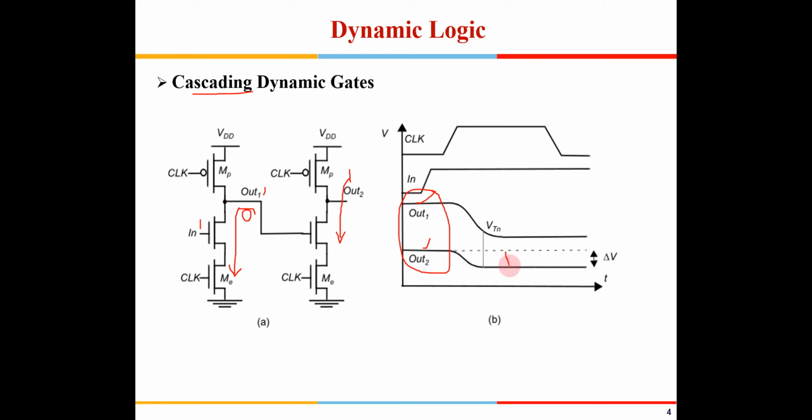So you will not have the full voltage of VDD available at this output. And when the clock is high in the evaluation phase, there is no way this can be charged back again to VDD. So you see these gates have an issue of cascading. Is this aspect clear to all of you?